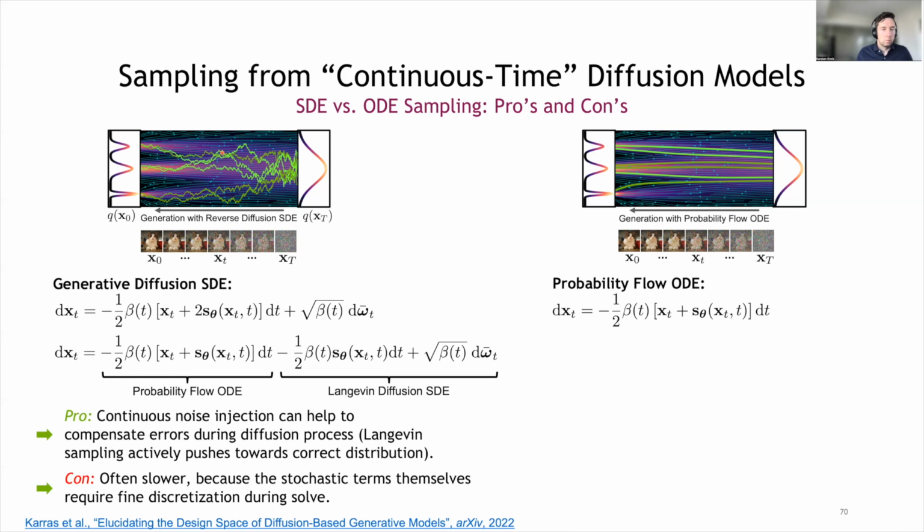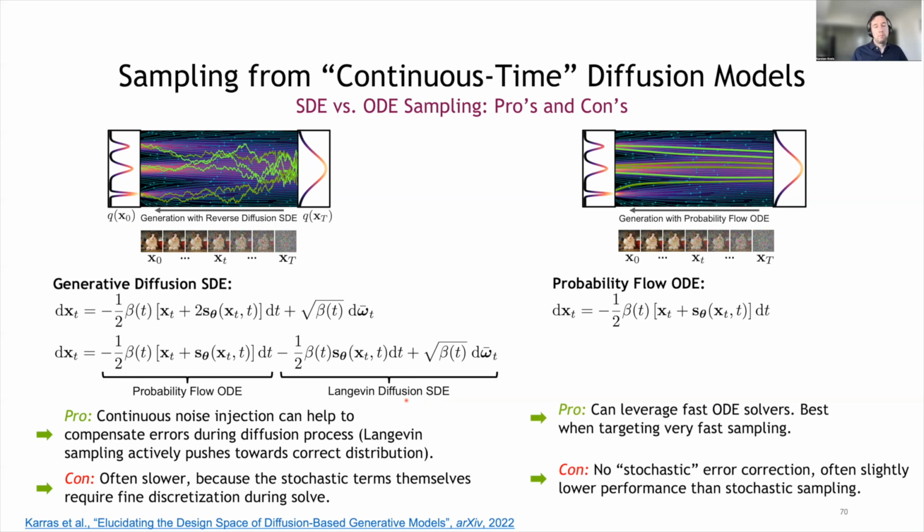So when I make errors during my solve, during my simulation, going from right to left, going from noise to data, this Langevin diffusion SDE can help us to correct these errors and actively bring us back to the right data manifold, back to the diffused data distribution. So this is an advantage. It can do some sort of error correction. On the other hand, it's often slower because this term itself requires a somewhat fine discretization during the solve.